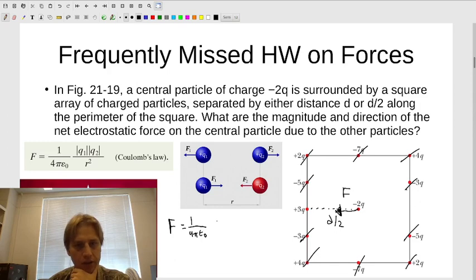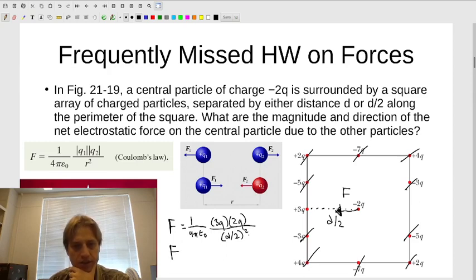Okay, and then q1 and q2, that's going to be 3q and 2q. Notice I'm putting them in as the absolute value there, over d over 2 squared. So you can clean this up some if you want.